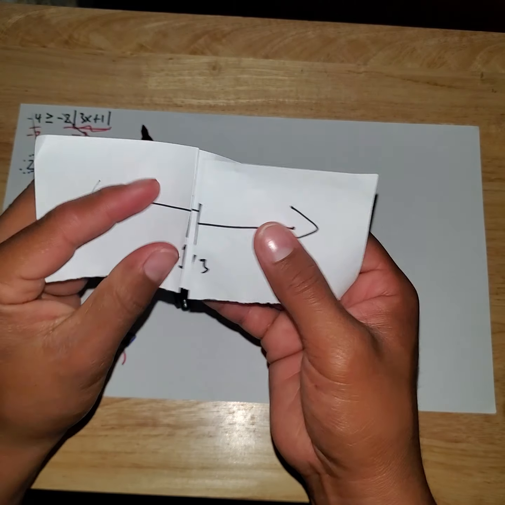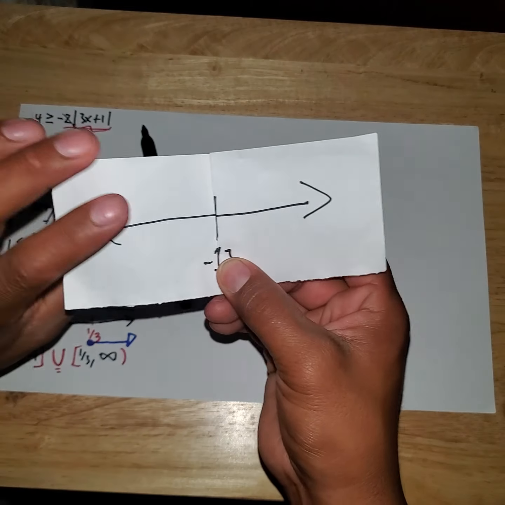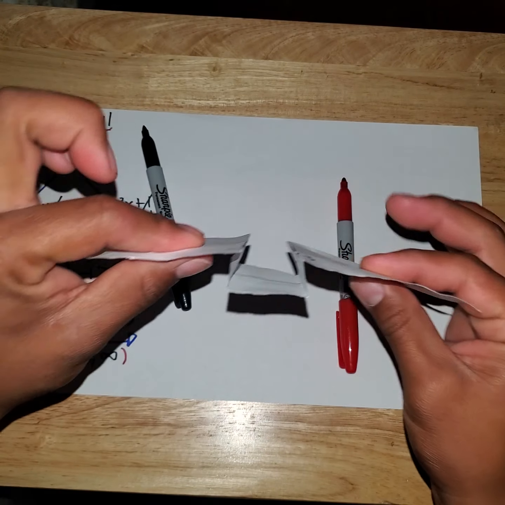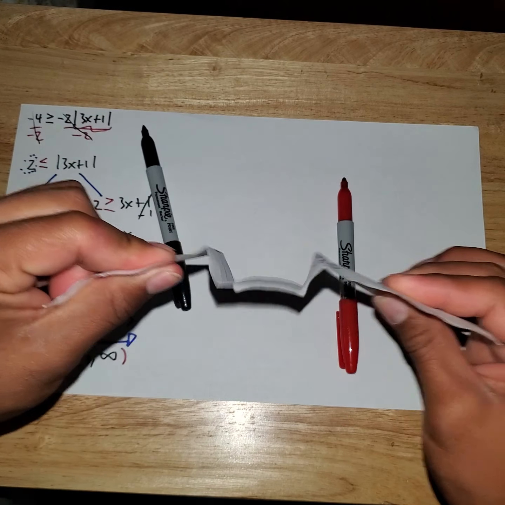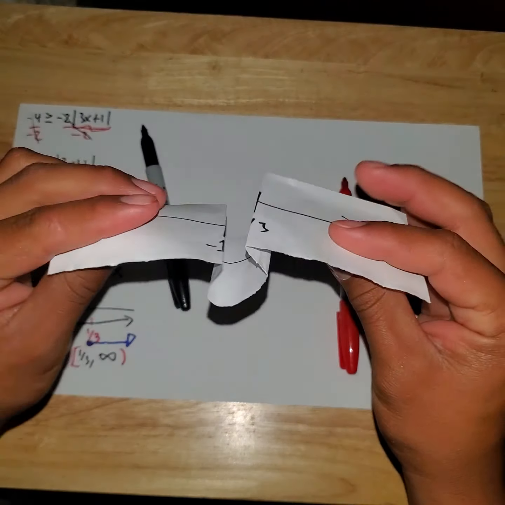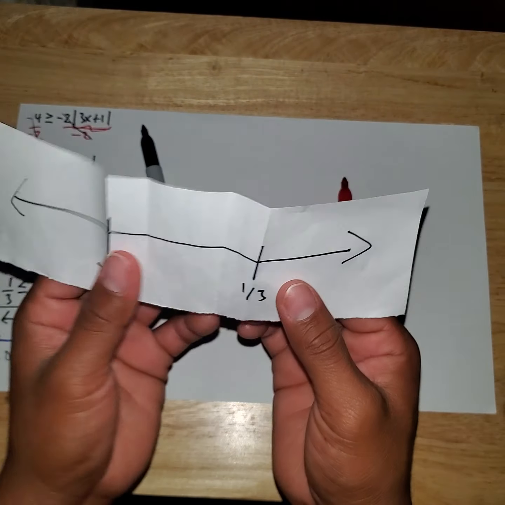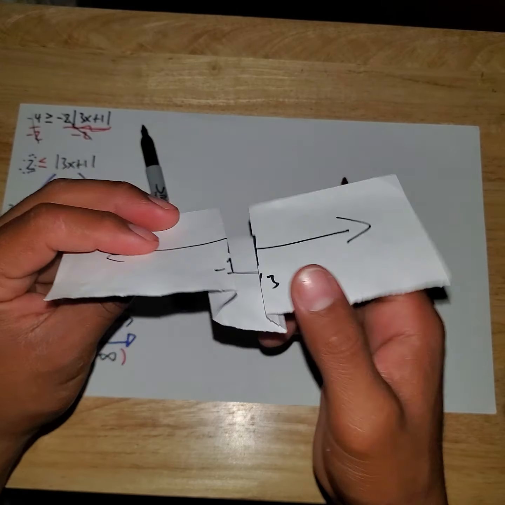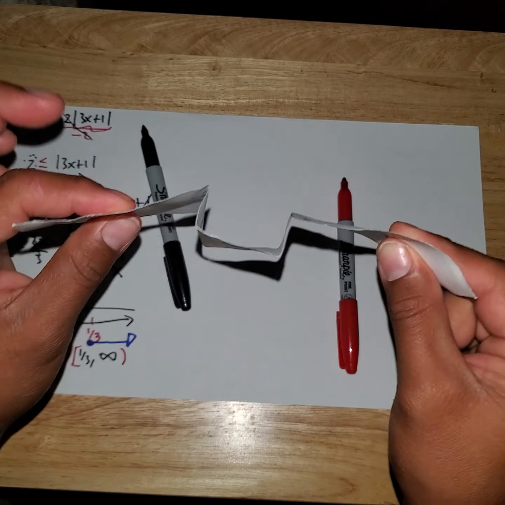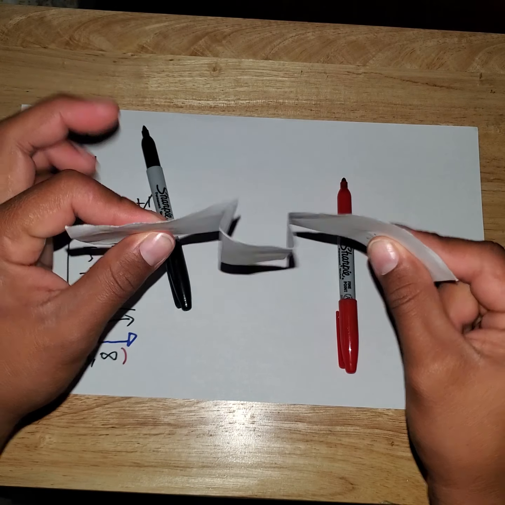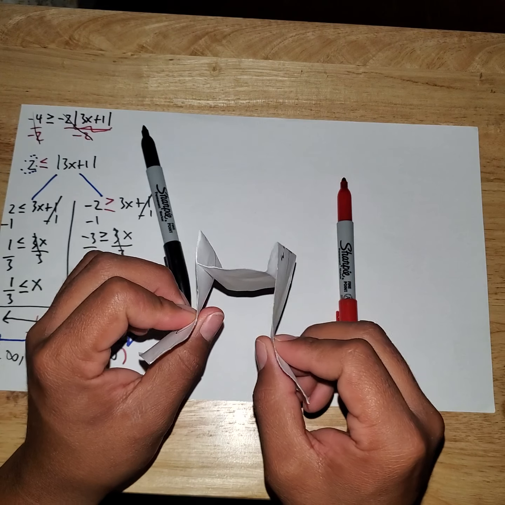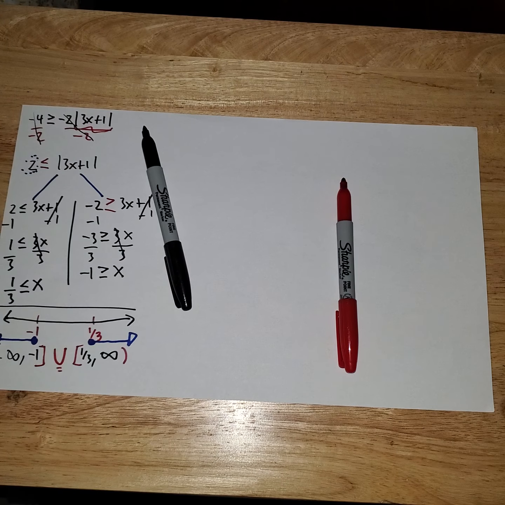Because we're putting these two together, and we're unioning them. So, I don't know, hopefully that helps. So, here, union, U. I hope you guys can see that U that it makes. Right there. Alright.